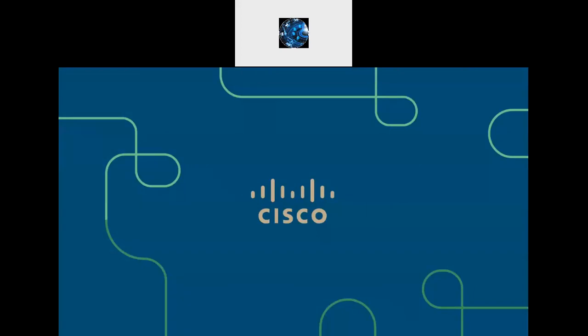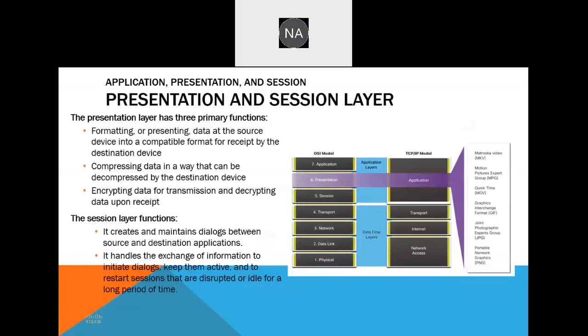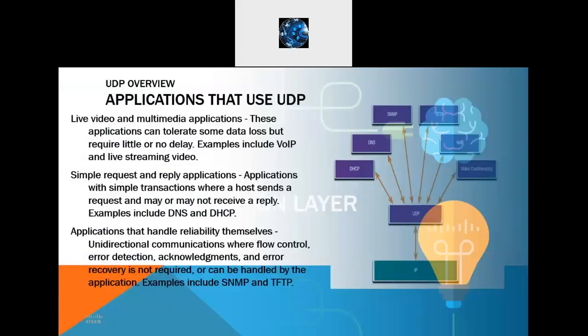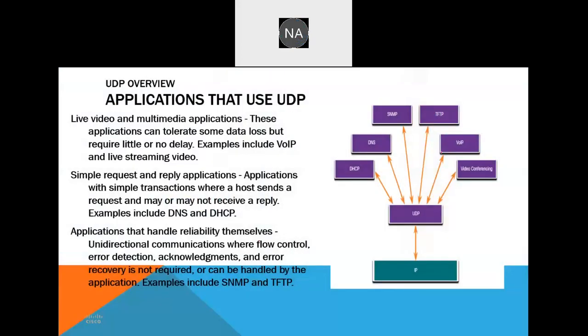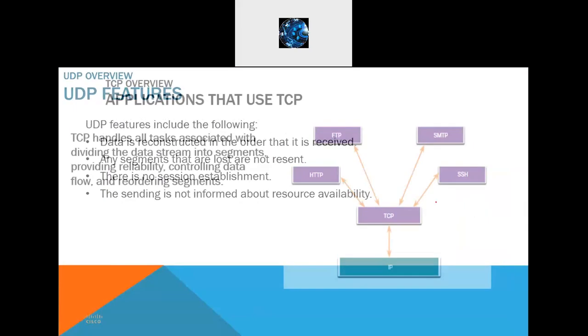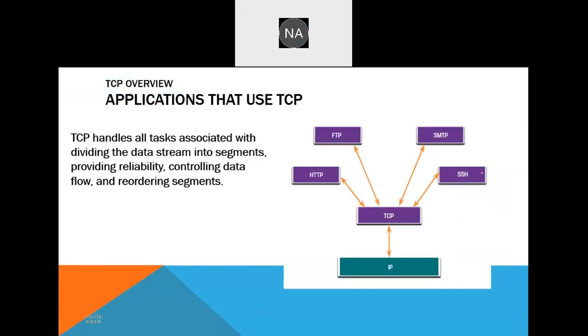Let me go back again and show you something. Like this one now, SSH. I explained SSH, I didn't mention the port number. SSH is port 22. You get my point.